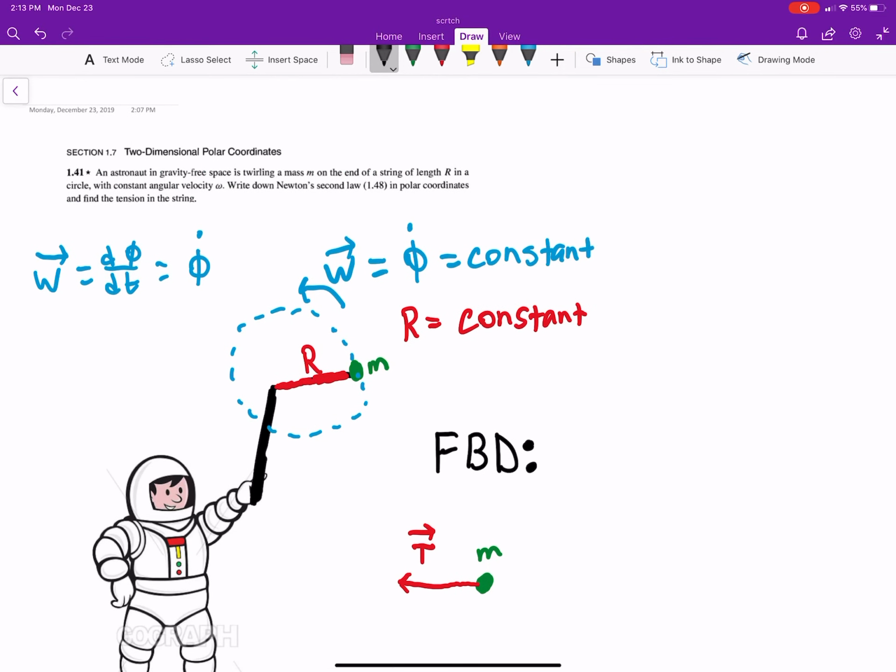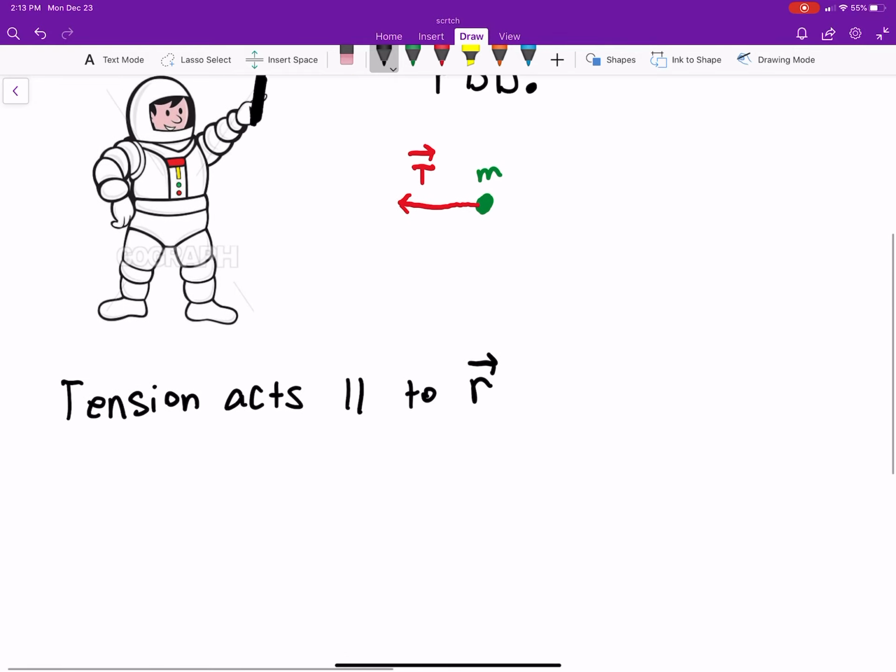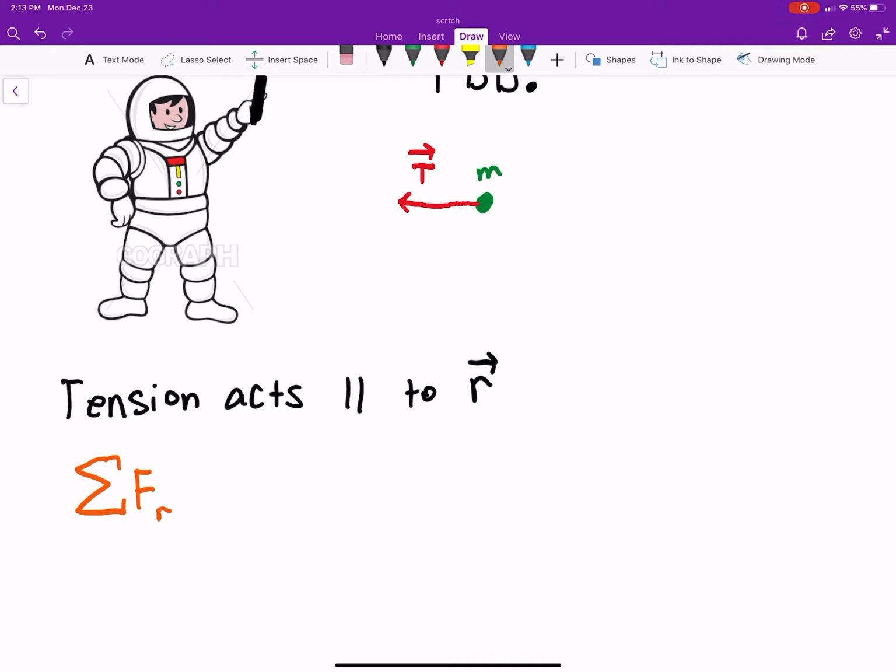So in other words, tension is acting in the exact same line, if you will, right here. r lies on that little dotted line I drew, and so does tension. So when we do Newton's second law, if you remember from when we worked with polar coordinates, there's a force in our angular direction and in our radial direction.